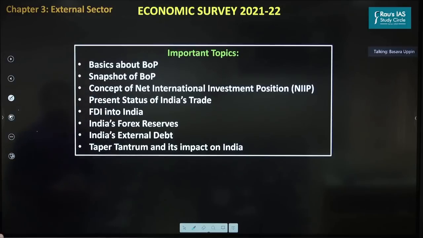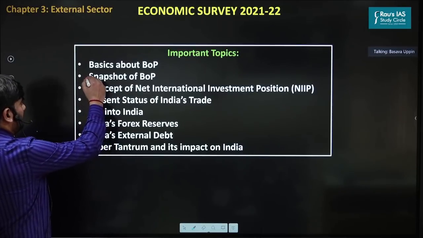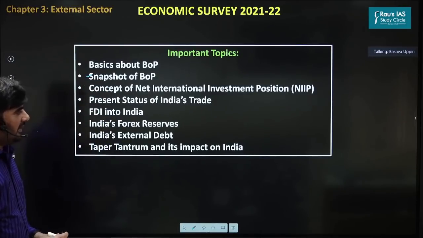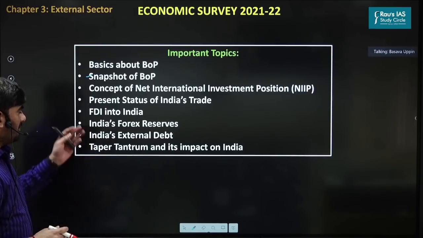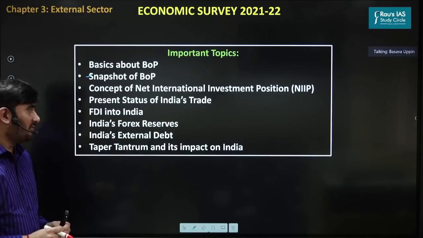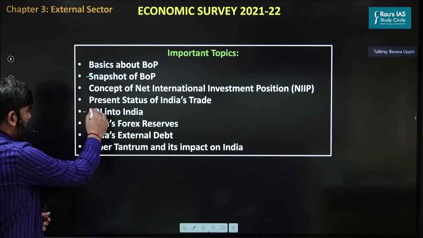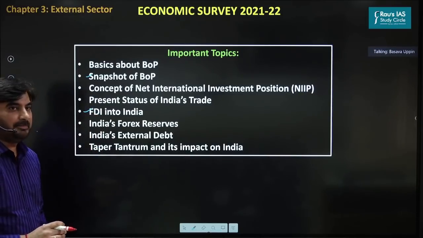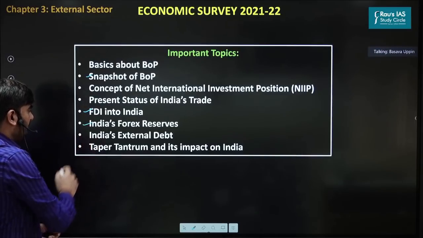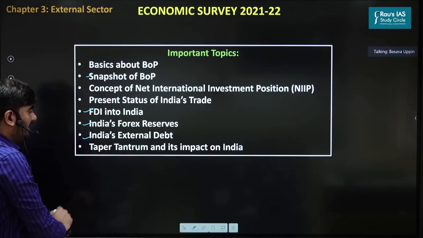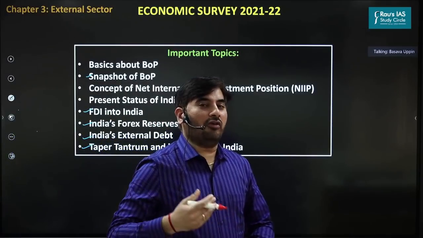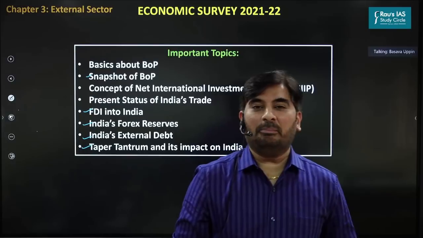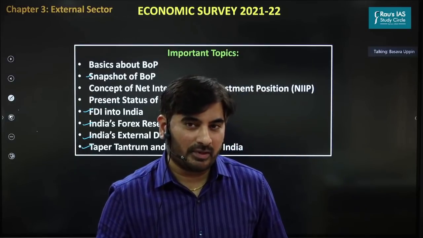Then we'll have a snapshot of balance of payment, concepts of the international investment position, that is NIIP, present status of India's external trade, the overall trends of FDI into India, India's forex reserves, India's external debt, and more importantly, we'll understand the concept of taper tantrum and its impact on the Indian economy.